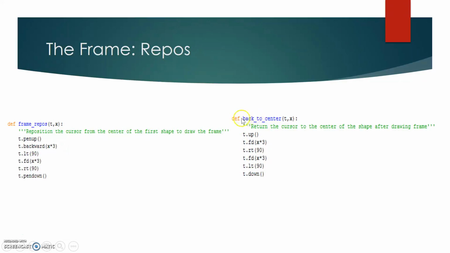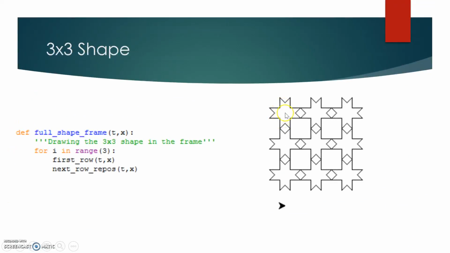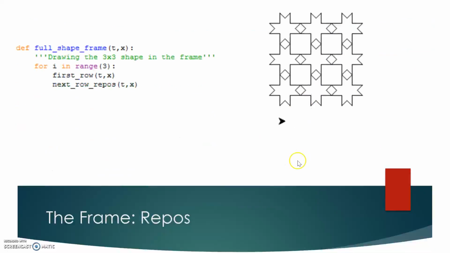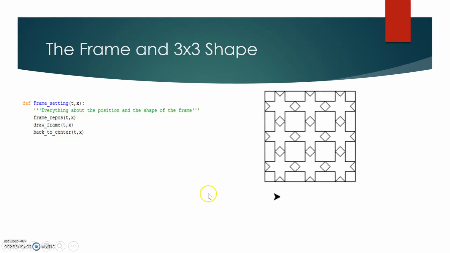Using this function, I can return back to the center of the square, and I can continue doing whatever I want with the shape. Basically, this one is just like the other one, but in reverse direction. Moving on.